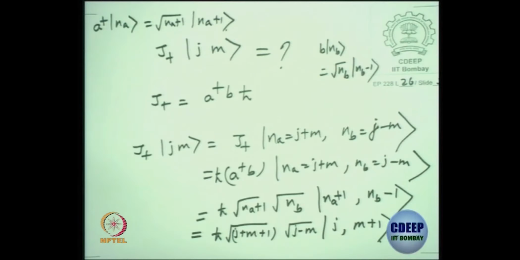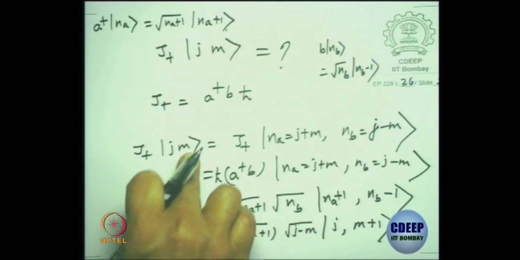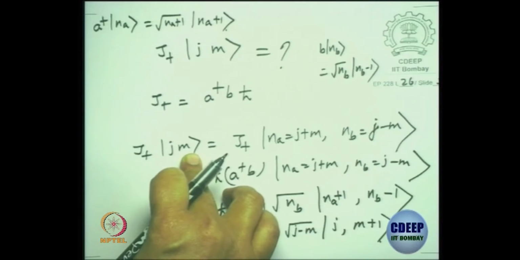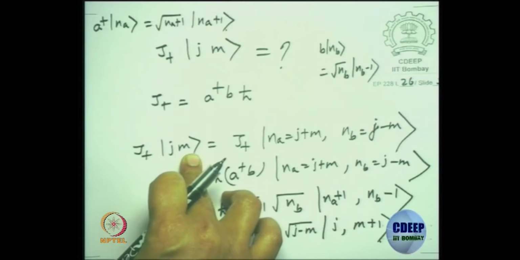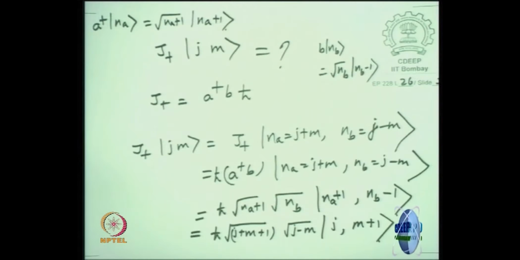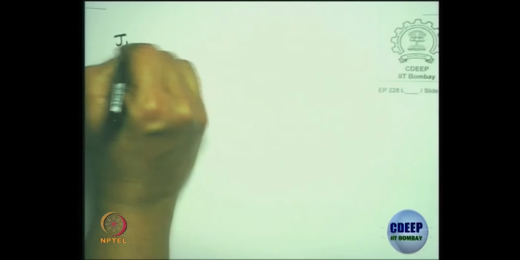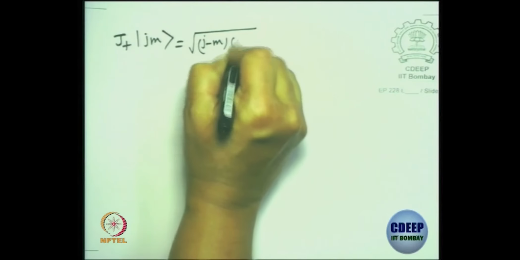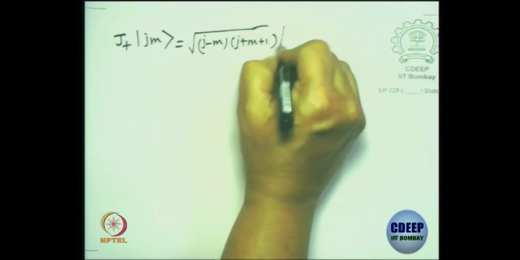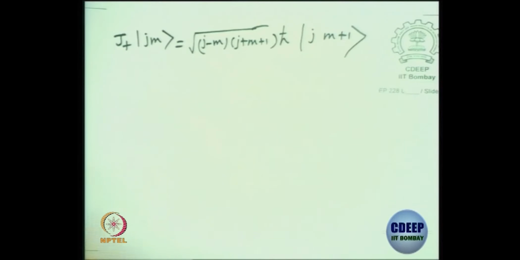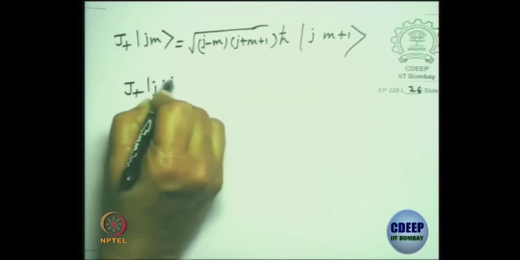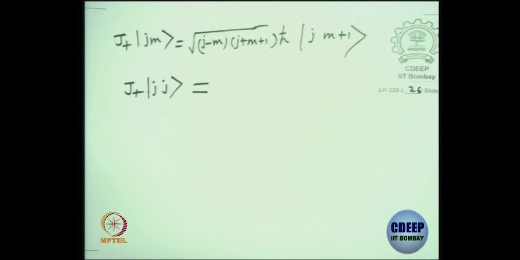There is one more thing you can check. If M is J, this also you know. You can't go to J comma J plus 1, right? M range is from minus J to plus J. What is J plus on J comma J? So, we find here J plus on Jm to be square root of (J minus M)(J plus M plus 1) H cross on J, M plus 1. This is what we find. What is J plus on J, J? It is 0.